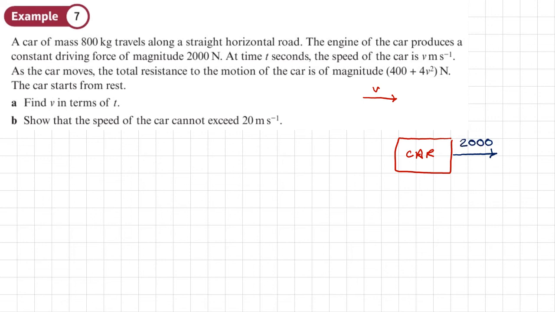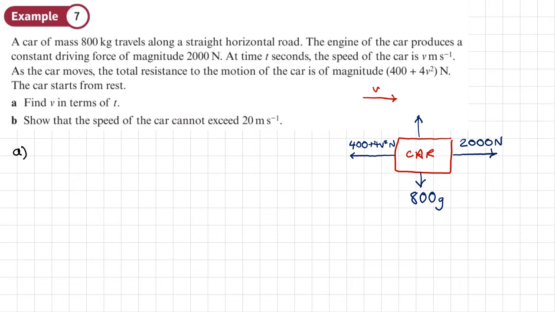And the resistance to motion is going to be 400 plus 4v squared newtons. The mass of the car is 800 kg, so its weight is 800 g, and there'll be a normal reaction here on our diagram.